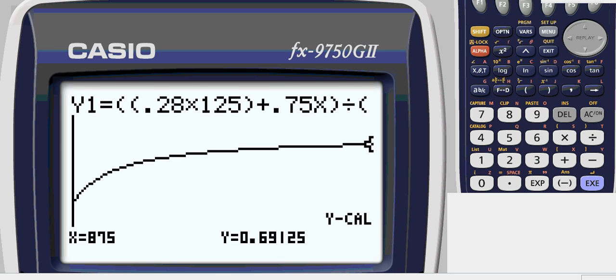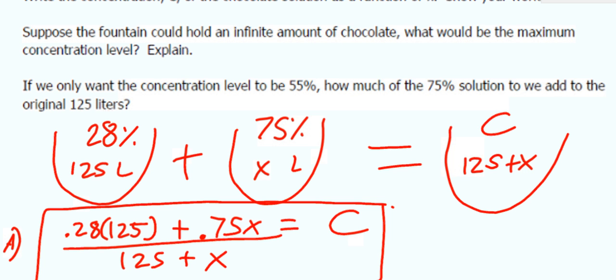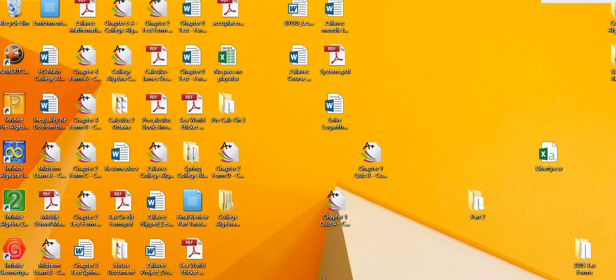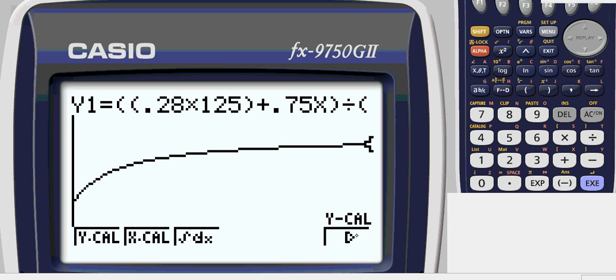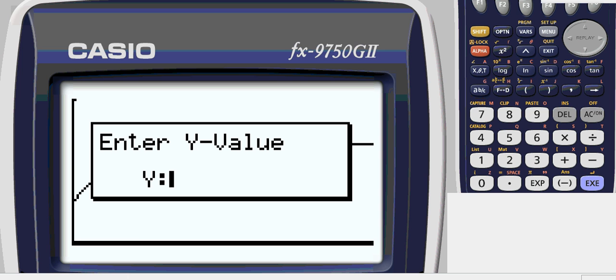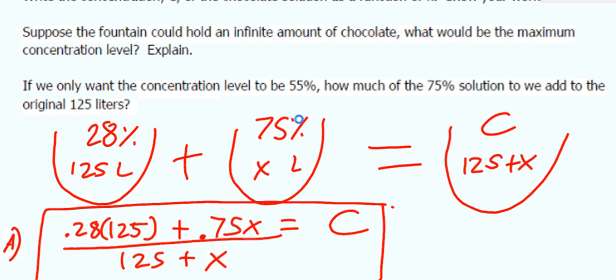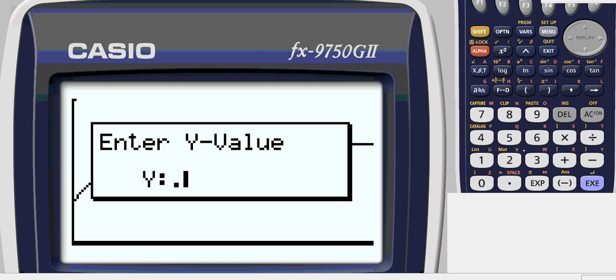If we only want the concentration level to be 55%, how much would we have to add? So what's X that would give us a 55% concentration? Similar to what we just did, rather than a Y calc, we want the X calc. We want to know what the X value is to give us a Y value, the concentration, of 55%, 0.55.